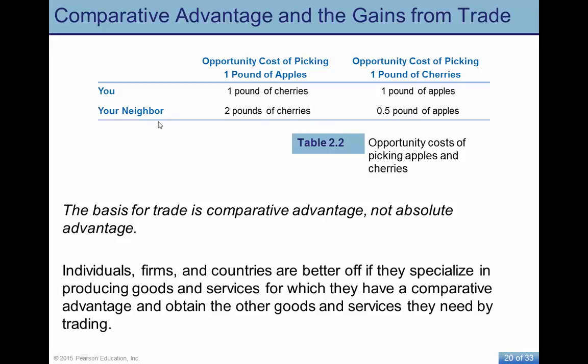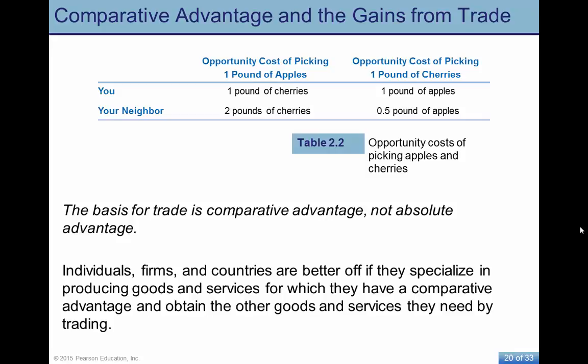For your neighbor, the opportunity cost of picking 1 pound of apples is 2 pounds of cherries. And for your neighbor, the opportunity cost of producing 1 pound of cherries is half a pound of apples. The basis for trade is comparative advantage, not absolute advantage.